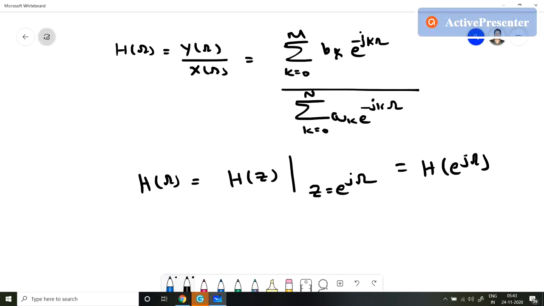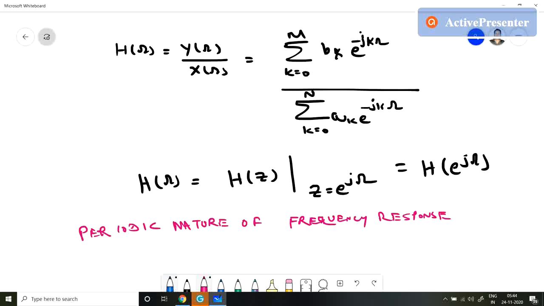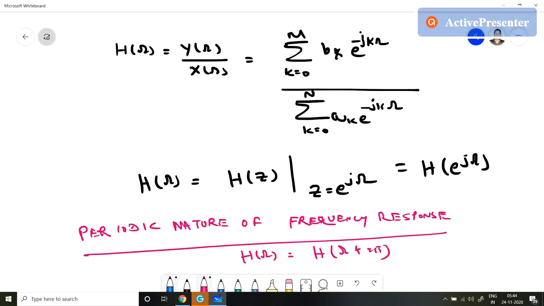Let us see the periodic nature of the frequency response. The periodic nature of the frequency response is H(Ω) should be equal to H(Ω + 2π). Unlike the frequency response of a continuous time system, that of a discrete time LTI system is periodic with period 2π.